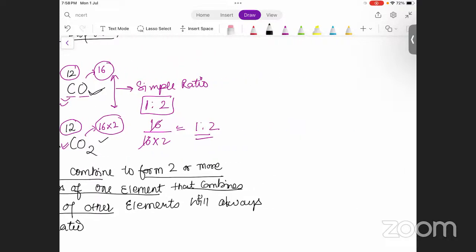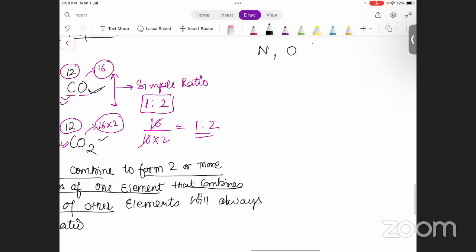Let's take another element. Let's take nitrogen and oxygen. So quickly tell me the compounds with nitrogen and oxygen. Here one important thing which you have to take care of is you have to fix the mass of one element. Yes, you have to type in the chat the molecules which you can get by the combination of nitrogen and oxygen.